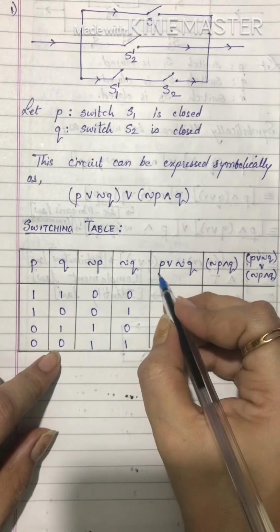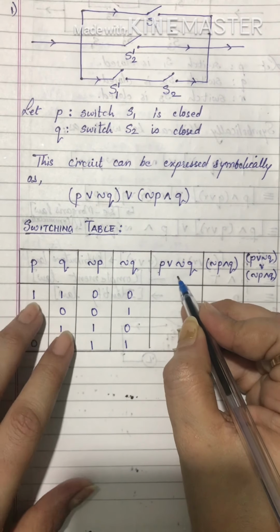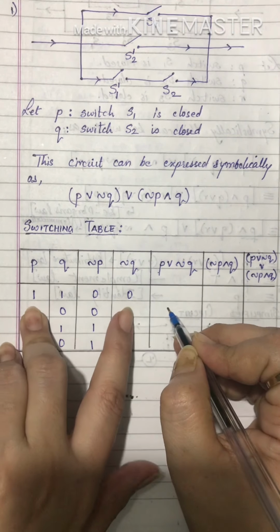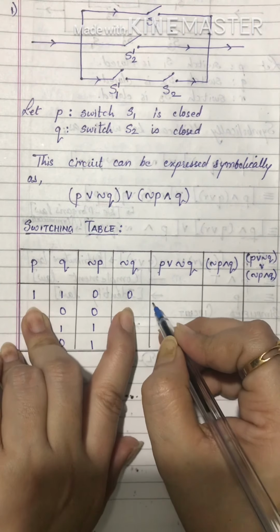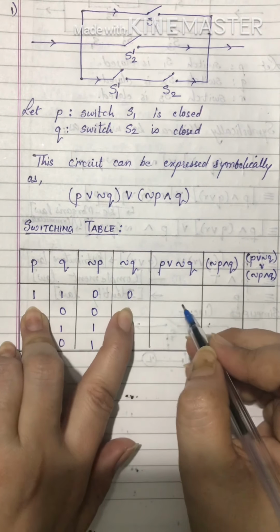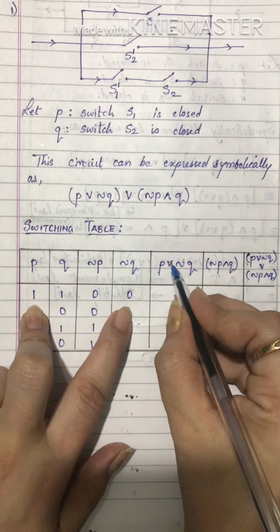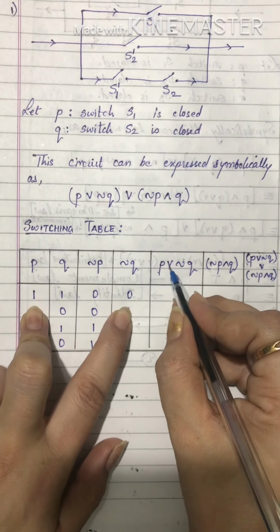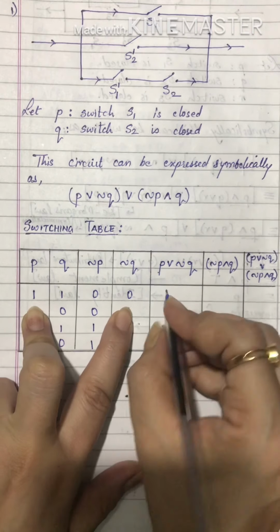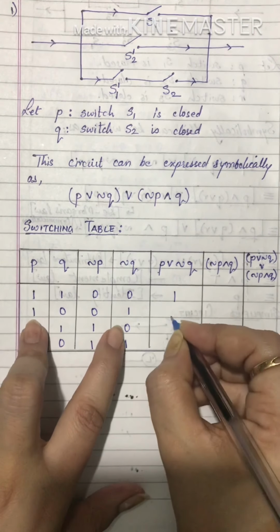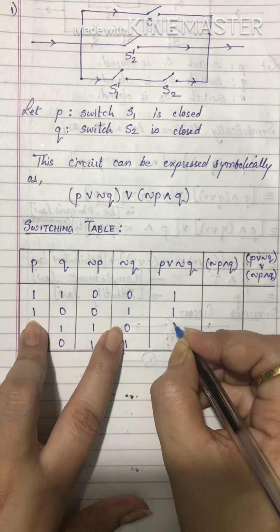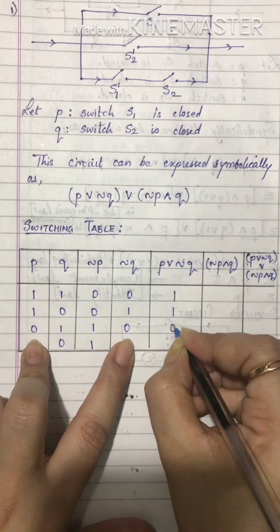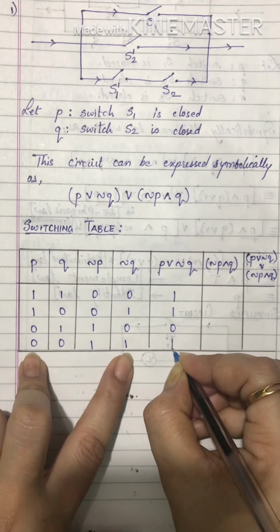Then we have P or negation Q. So we need this first column with OR connective and the negation Q column. For OR, what mathematical operator will we take help of? Yes, addition. So 1 plus 0 is 1, 1 plus 1 in binary digits is 1, then 0 plus 0 is 0 and 0 plus 1 is 1.